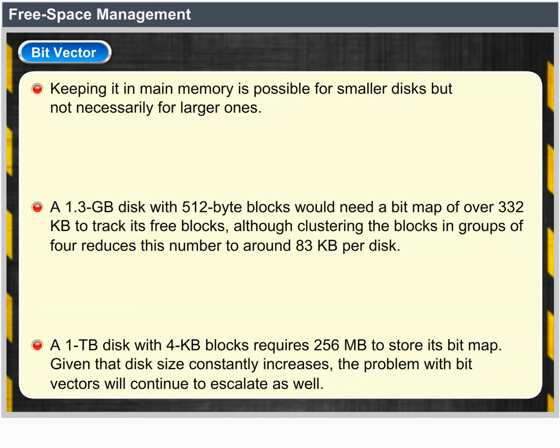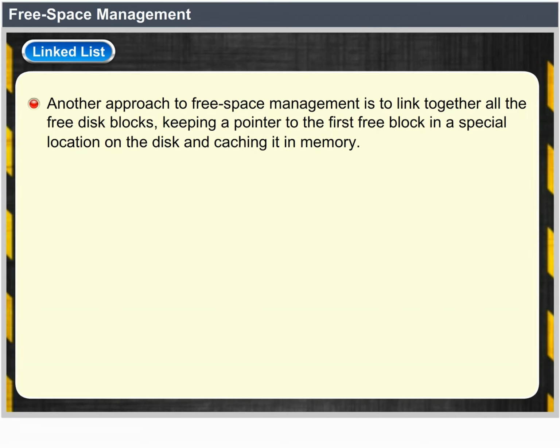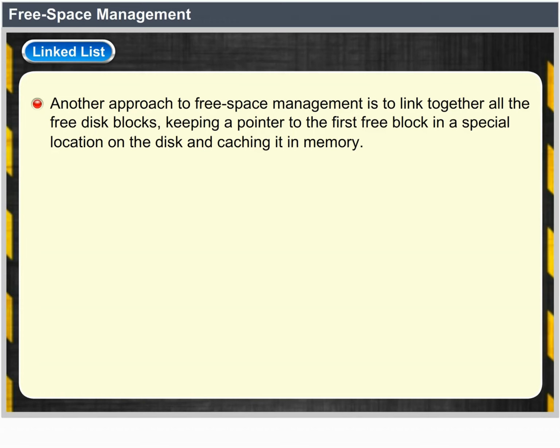Linked list. Another approach to free space management is to link together all the free disk blocks, keeping a pointer to the first free block in a special location on the disk and caching it in memory. The first block contains a pointer to the next free disk block and so on.